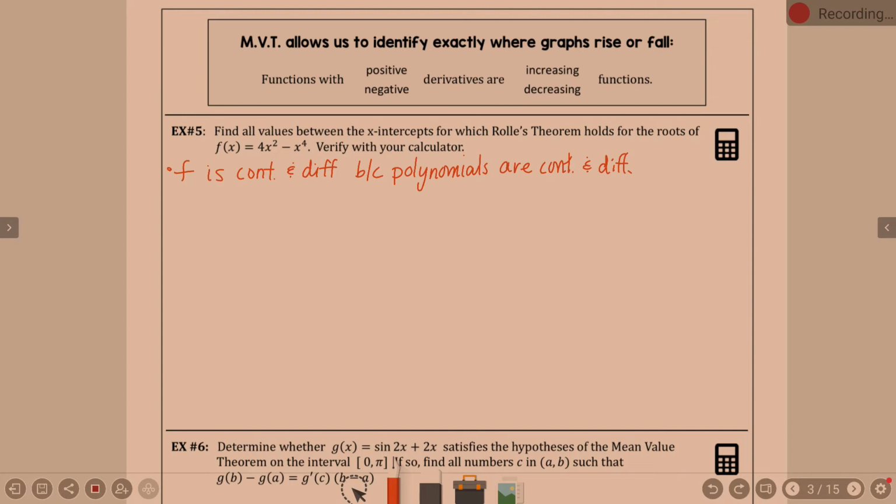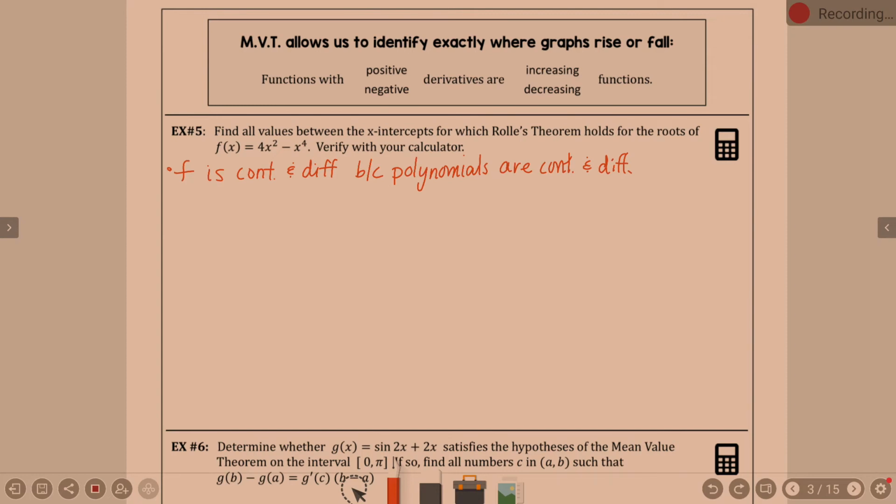Now, as we look at this, we need to figure out, it says for the roots of f of x equals 4x squared minus x to the fourth.